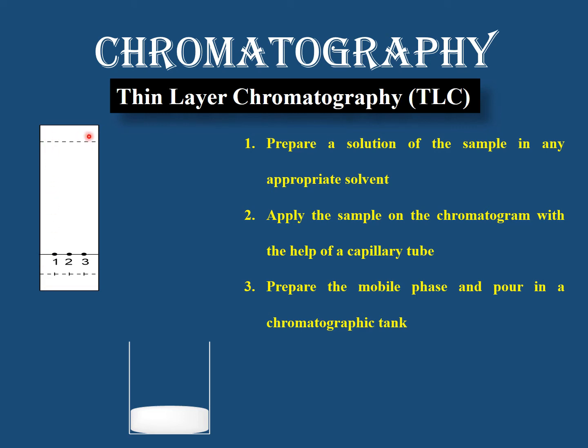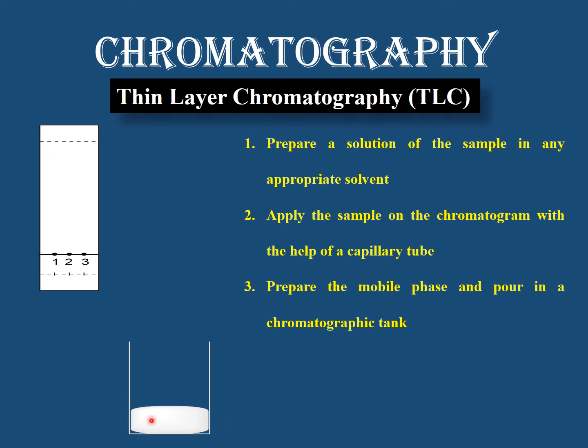This is the line up to which your solvent will flow during the experiment. So all of your components must be visible on this chromatogram between these two extremes, that is the baseline and the solvent front.